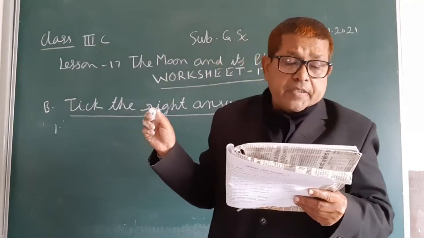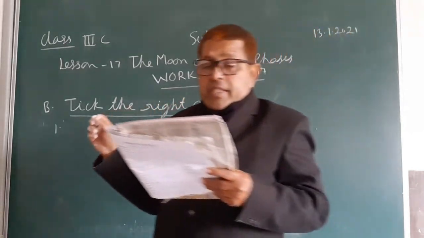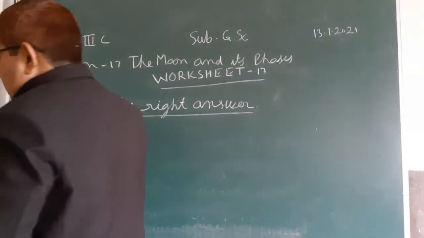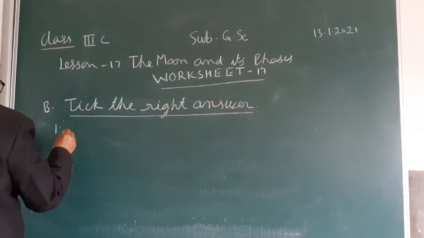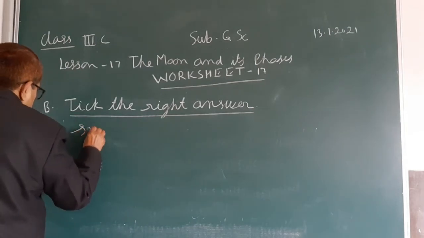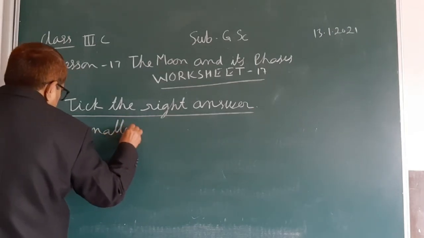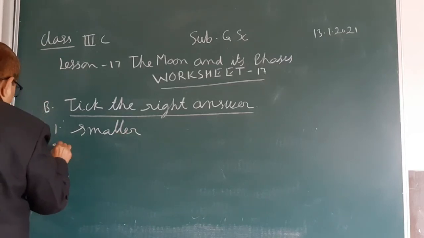So here first, the moon is smaller than the earth. First, you have to write smaller.